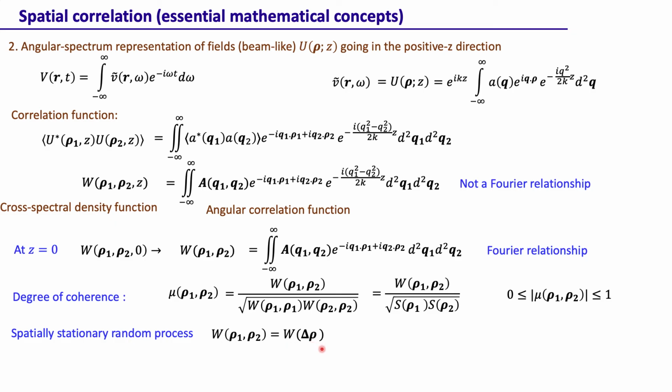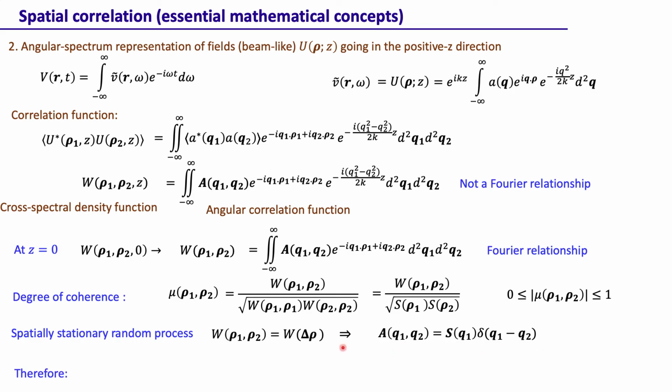If you just look at this equation, if this side depends only on delta rho, then this side also has to depend only on delta rho, and the only way that can happen is when A(Q1, Q2) has this form, that is S(Q1) delta(Q1 minus Q2). And this basically says that if the process is spatially stationary, the different Q components should be completely uncorrelated. This is the same as what we had for the temporally stationary process. This is the same condition.